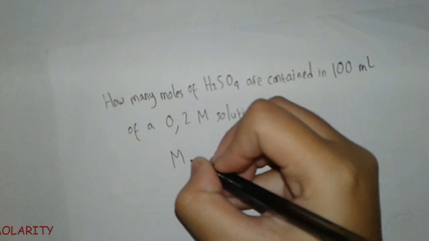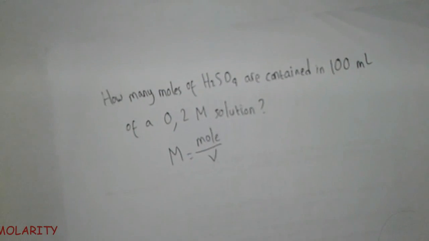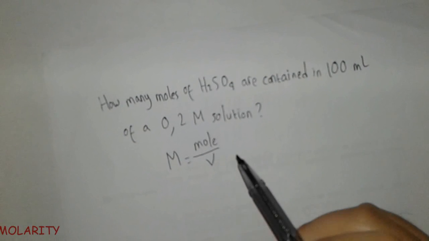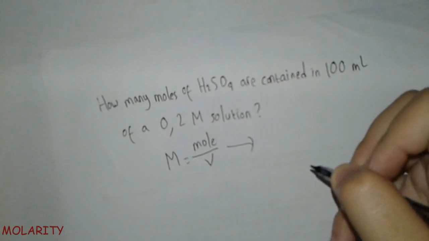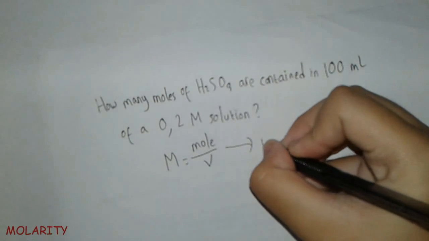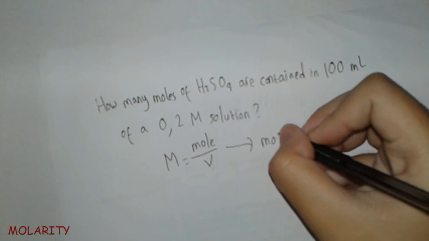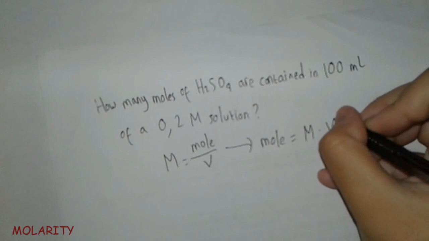Okay, so it will be just like a normal thing. If you still remember my last videos, molarity is the same as moles divided by volume. So if we want to find the moles, we just need to rearrange it until we find that moles is the same as molarity times volume.